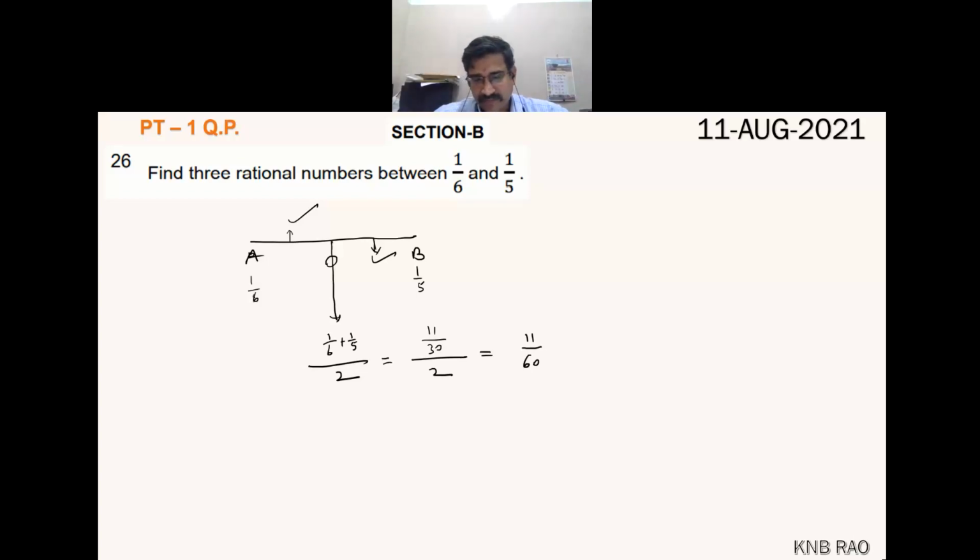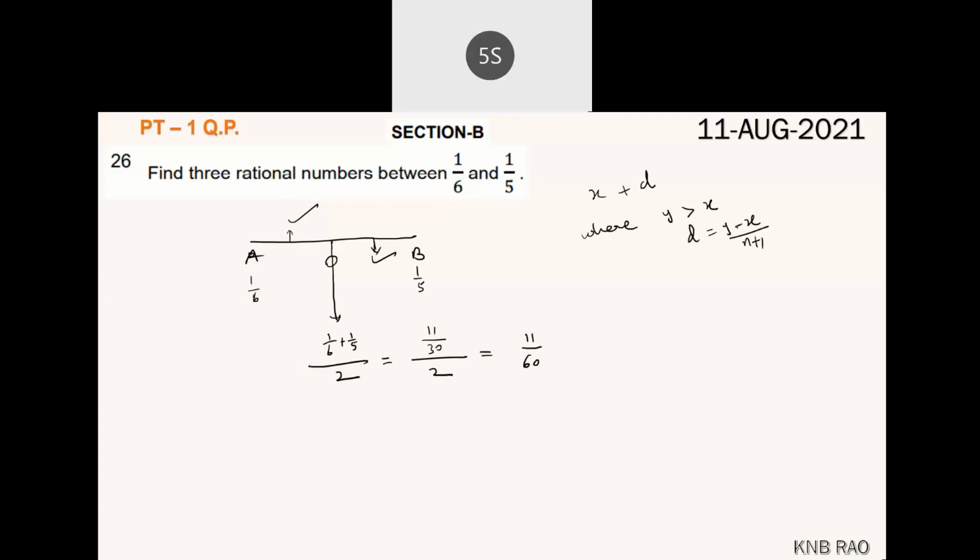Sir, I did x plus d, where y is greater than x, and d is equal to y minus x divided by n plus 1. What is this n plus 1? N is the number of rational numbers to find.